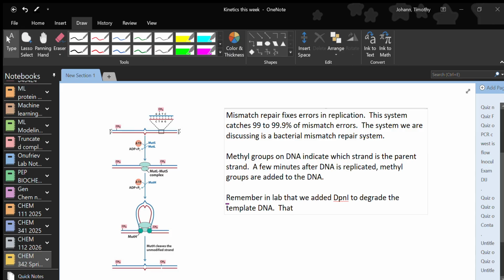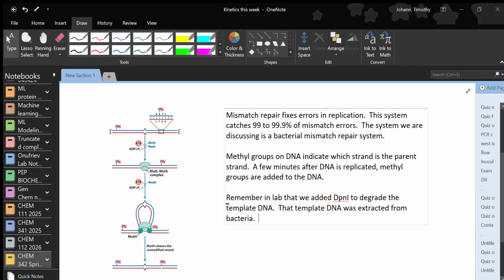Okay, that template DNA came from bacteria. Say extracted from bacteria. Okay. In fact, it was extracted from bacteria by other students.